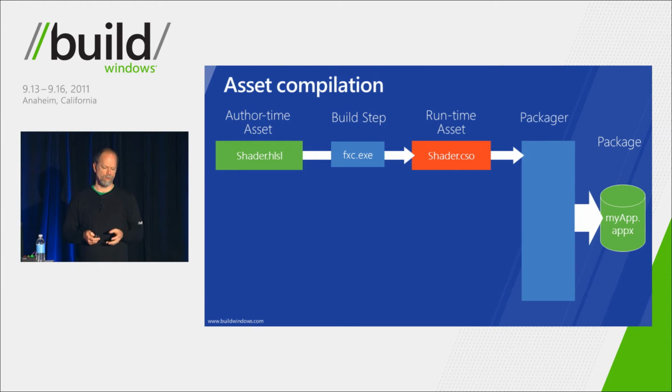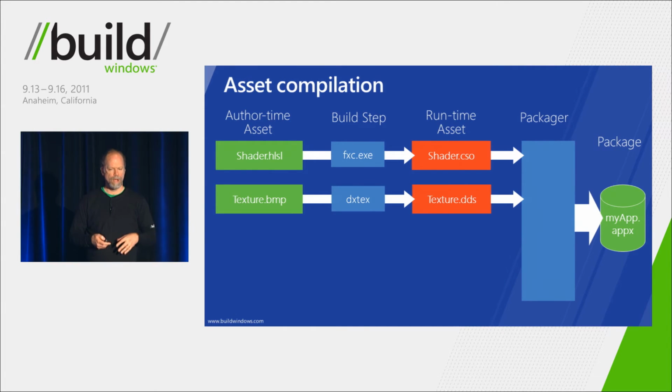And then Visual Studio uses the packager capability to bake that in with the rest of your content and put it in the appx file. So in that sense, it's very similar to what happens with C++ code. I have cl.exe that builds my .cpp file and puts it in an OBJ or a .exe, and then that goes in the package. So the same thing happens with HLSL code.